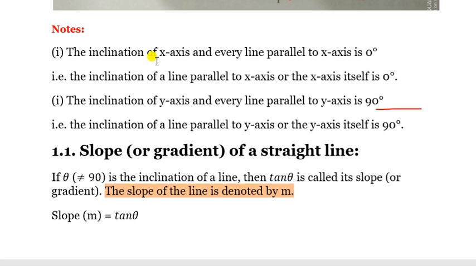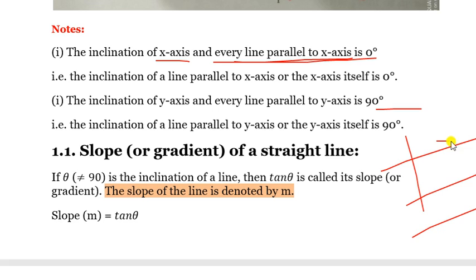The inclination of x-axis and every line parallel to x-axis is 0 degree. Why? See, this is y-axis, this is x-axis. Every line parallel to x-axis will be like this.